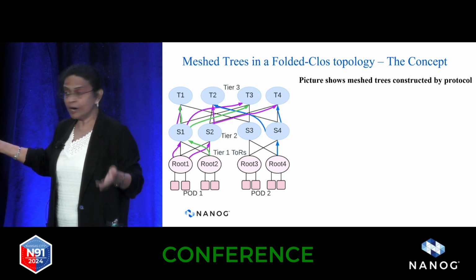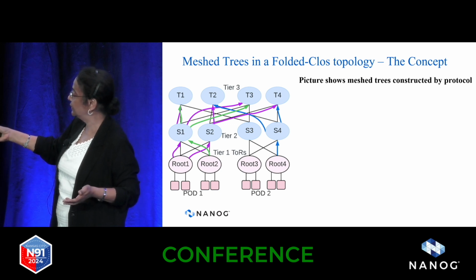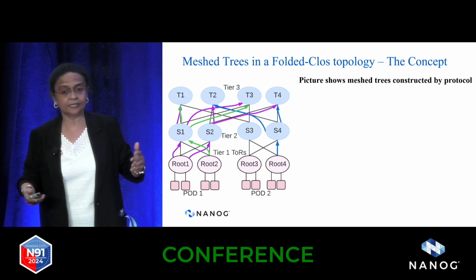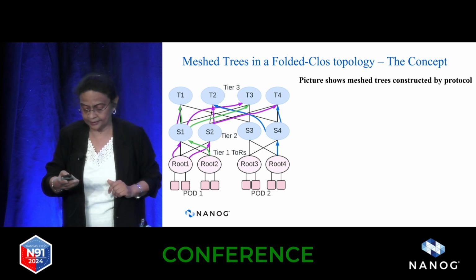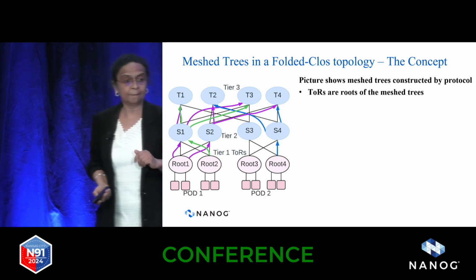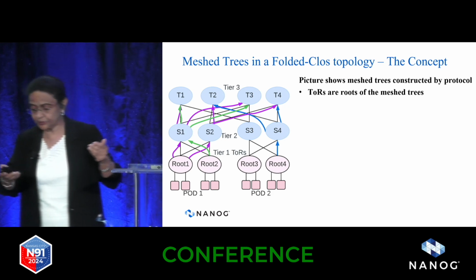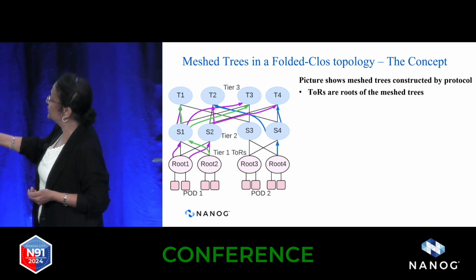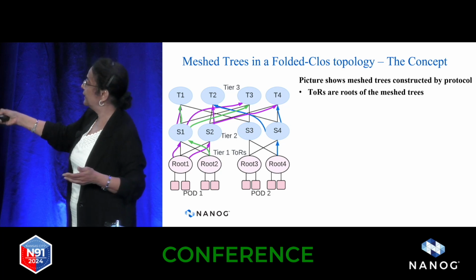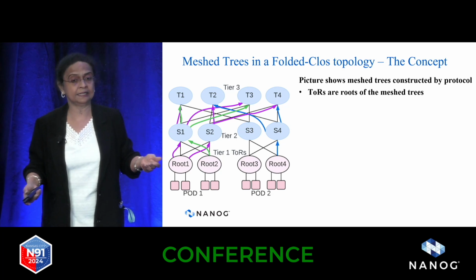I'm showing a partial green tree from route 2 and another partial blue tree from route 4. I did not put everything there so the picture doesn't get cluttered up, okay? So TORs are the roots of my mesh trees, and I call them mesh trees because if you see all these different colored trees, they mesh at all the spines.